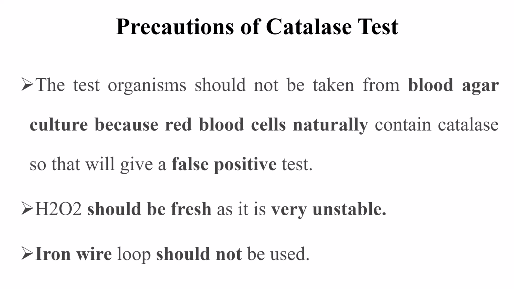Also, the H2O2 should be fresh, as it is very unstable and can react easily with any other substance in the environment, and it should be covered immediately. We must also avoid using an iron wire loop. Those are the precautions of the catalase test.